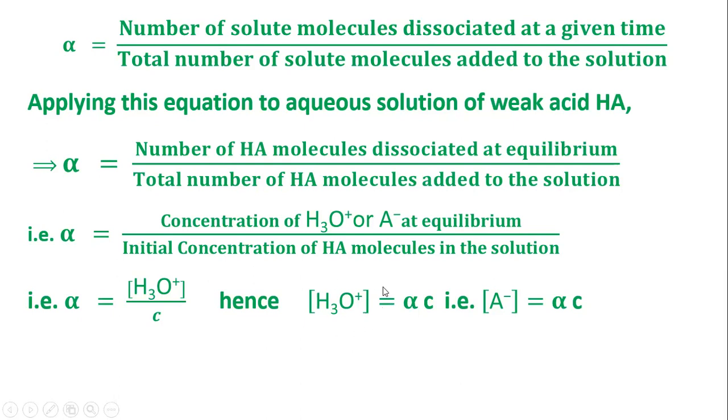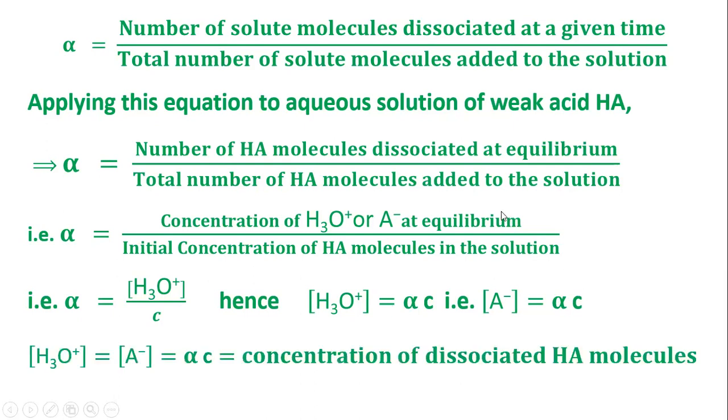And the number of H3O plus ions produced is equal to the number of A minus ions produced, and the concentration of H3O plus at equilibrium will be equal to the concentration of A minus ions at equilibrium, which will be equal to alpha multiplied by C. Now, the concentration of H3O plus ions, which is equal to the concentration of A minus ions and which is equal to alpha C, is nothing but the concentration of HA molecules which have undergone dissociation.